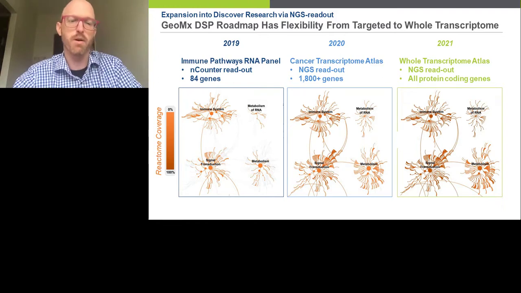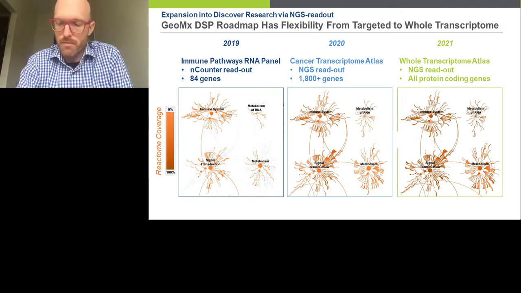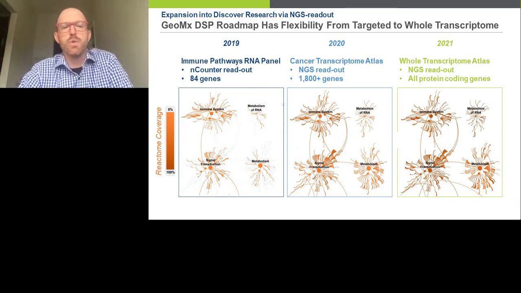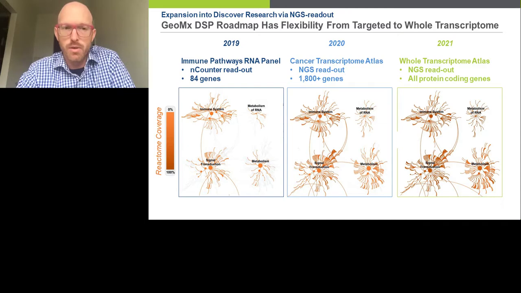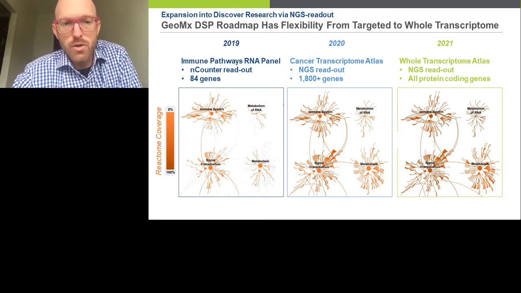Now, the readout of these DSP barcodes or DNA oligos for our small-plex panels for RNA are in the nCounter. And then we've expanded the readout using the NGS system, so Illumina's NGS readout, so that we can actually read out a large number of genes all at once.